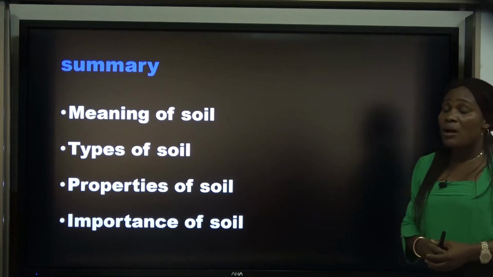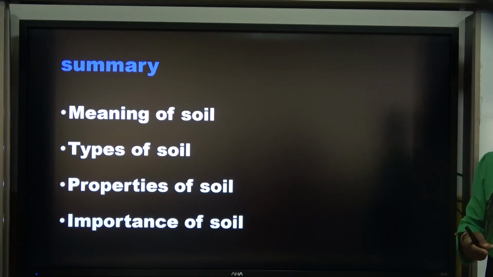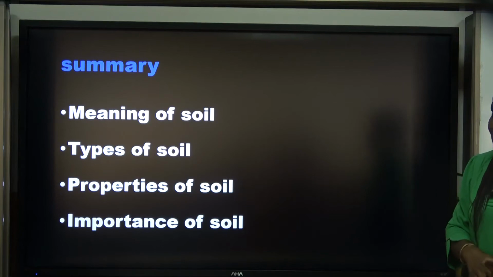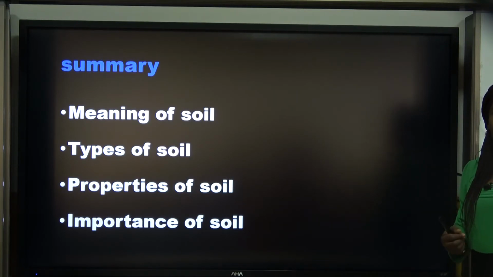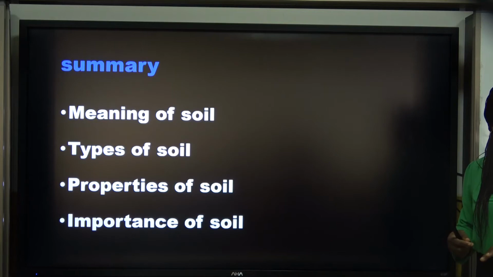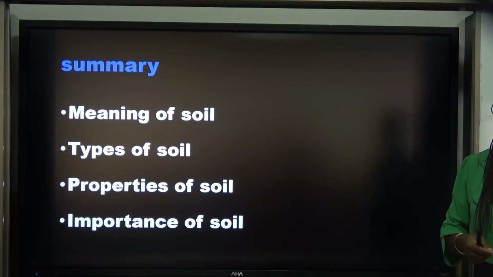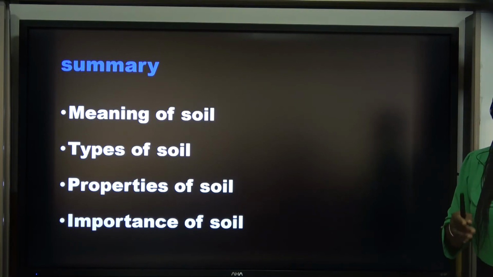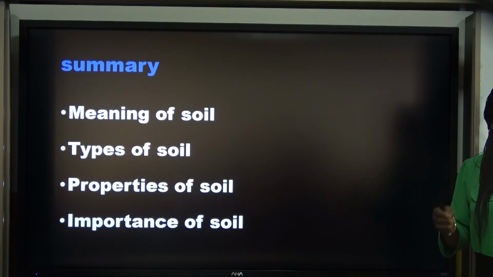Summary. Today, what have you learned? We talked about the meaning of soil. Soil is the topmost layer of the earth. Types of soil: we have clay soil, loamy soil, and sandy soil. And then we talked about the properties of soil, and the importance of soil to animals, that is human too, because human beings are higher animals. Why are we higher?